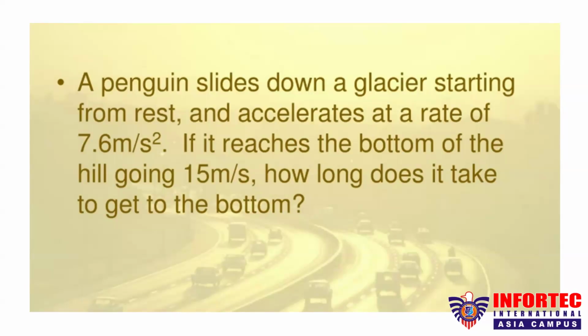Starting from rest means the initial velocity is 0. I'm taking u as the initial velocity, so u is equal to 0. And acceleration at a rate of 7.6 m s^-2. It is moving with acceleration 7.6 m s^-2.